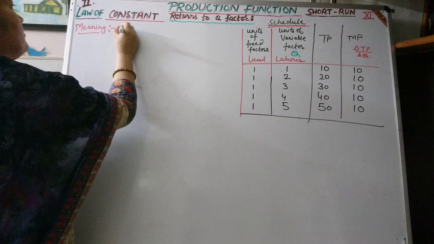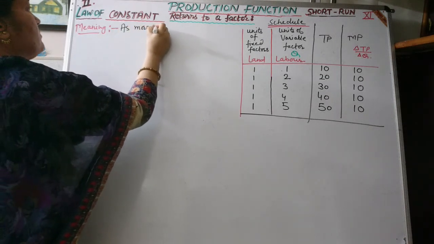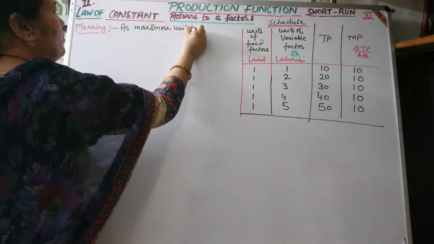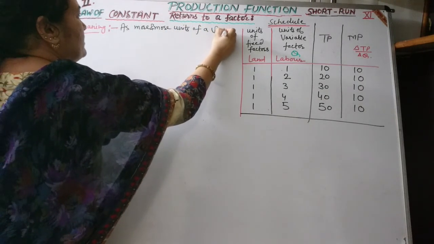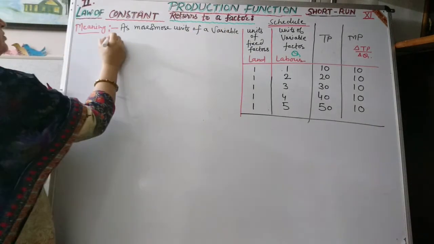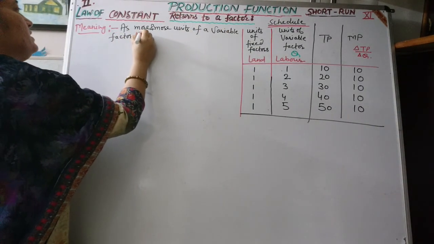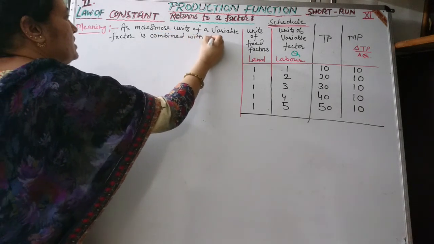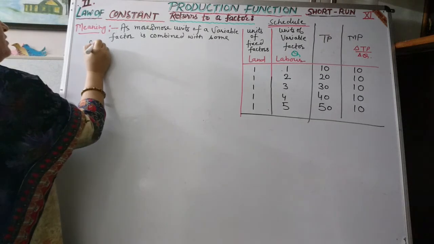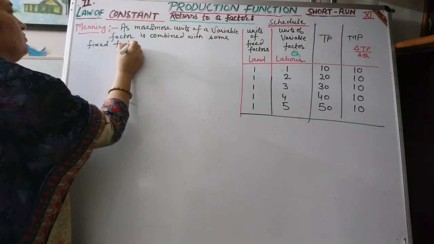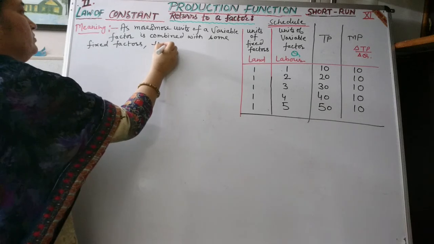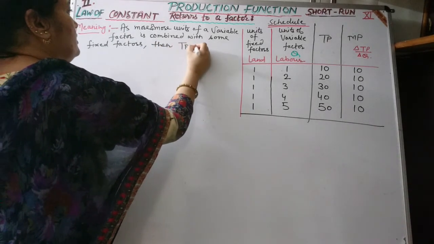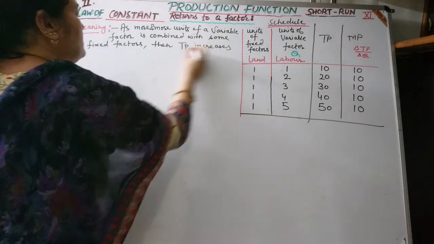As more and more units of a variable factor are combined with some fixed factors, then total production increases.